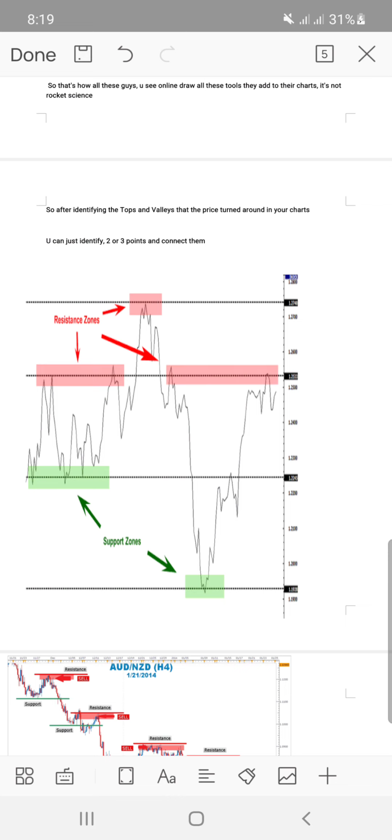These areas like this are resistance, while the areas that price touches below before it reverses, we call them support, right?